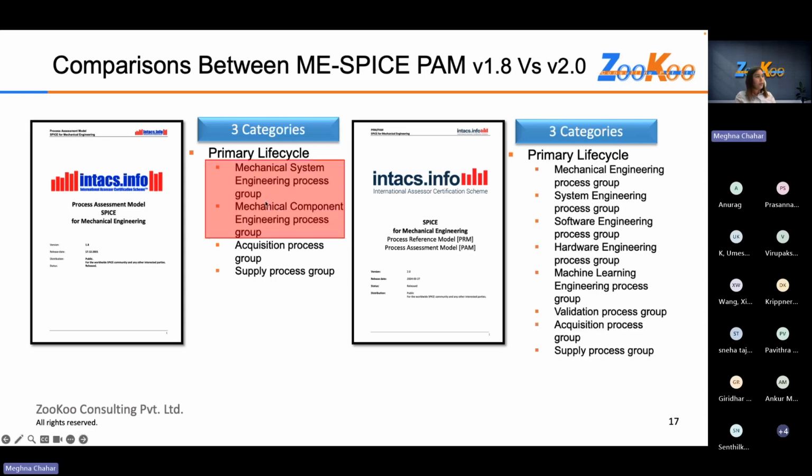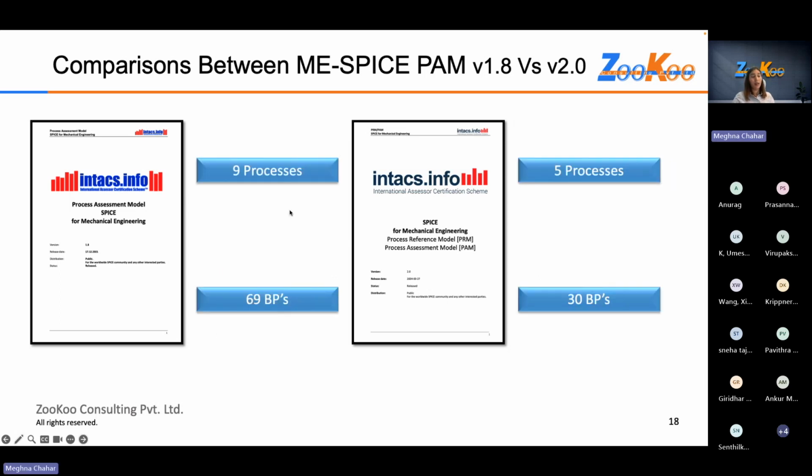So here previously we had two different process groups. We had system, we had component. Now both of them are combined together into one process group that is called mechanical engineering process group. So we don't have system engineering or component engineering as a different. Now, because of this change, initially we had 9 processes.